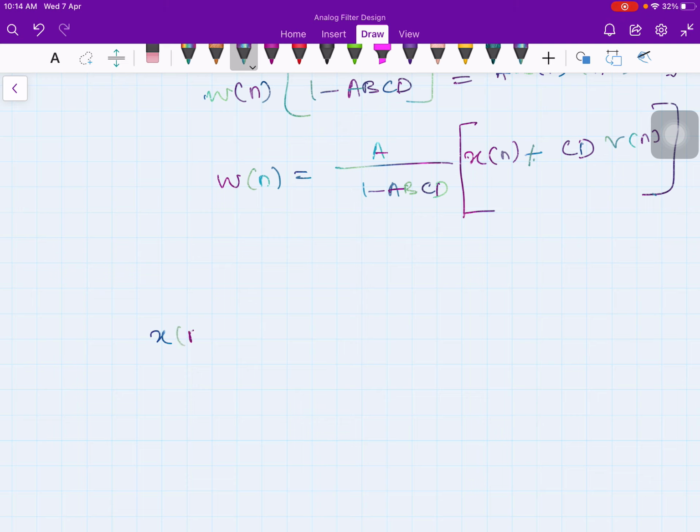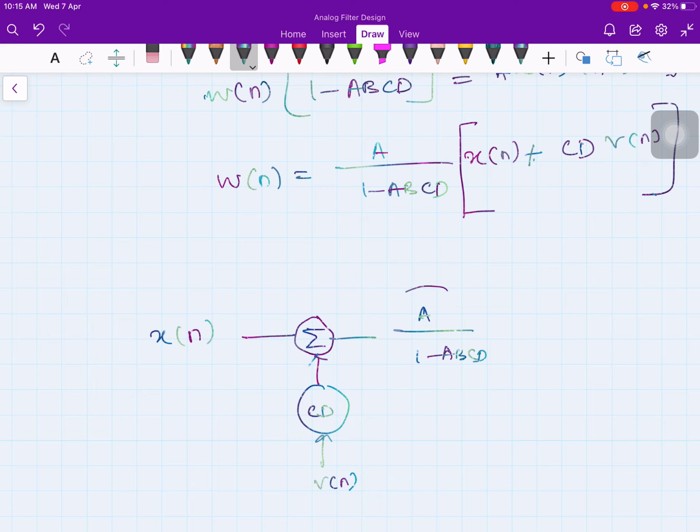X of n adds to c d v of n, and then you have multiplied by a divided by 1 minus a b c d, and then this is w of n. Okay, multiplied by a by 1 minus a b c d, and you get w of n.